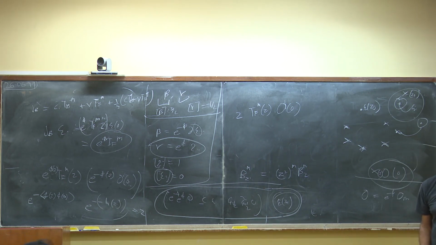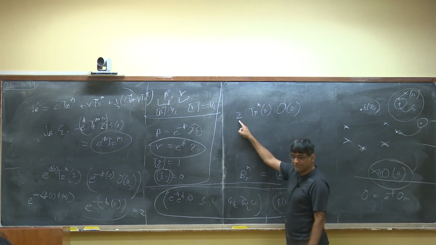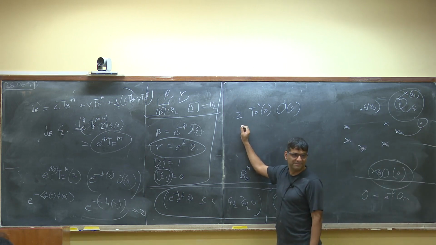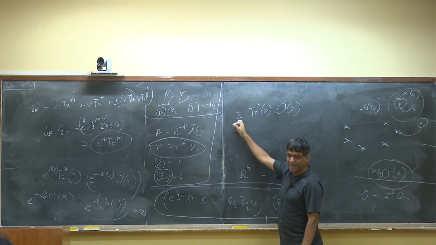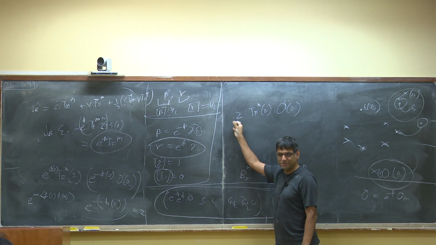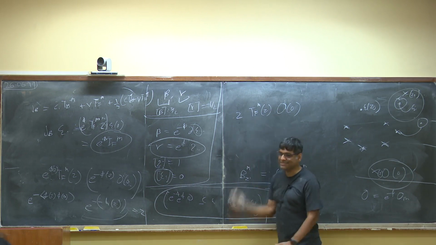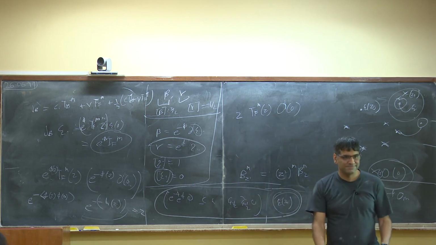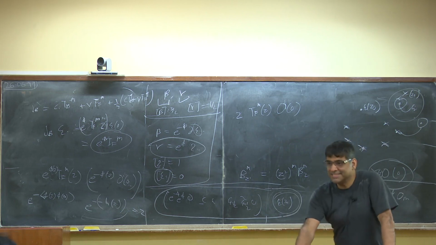Is this clear? Please stop me if something's not clear. Clear? Okay, but there's a factor of z, and I'm going to take z to 0. So I will only get a non-zero contribution if this product has a pole. But does this product have a pole?